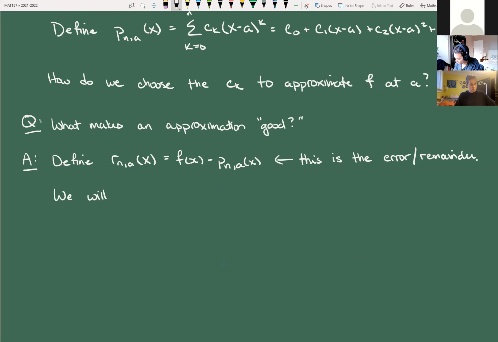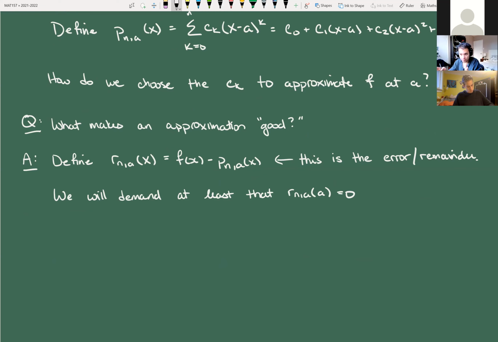So we're going to demand, because this is the error, at the very least, that R_{n,a}(a) should be equal to 0, right? That if I'm doing an approximation to the function at the point a, the polynomial should be exactly equal to the function at that point.